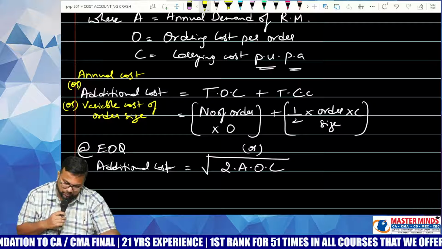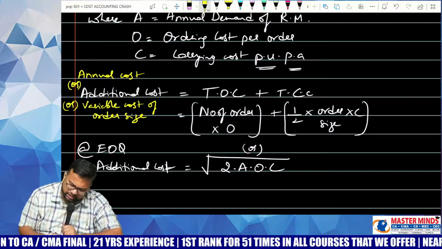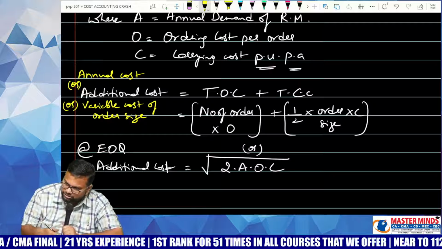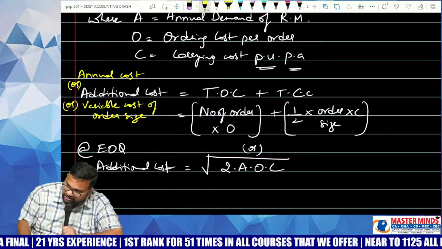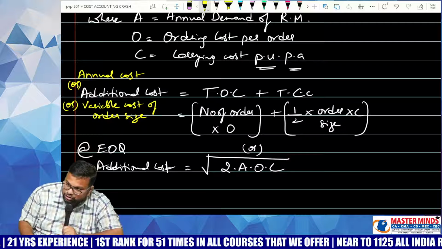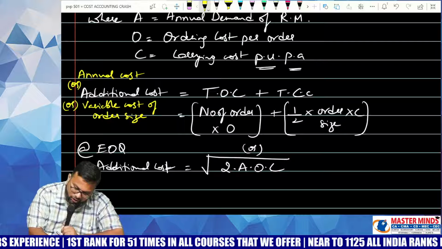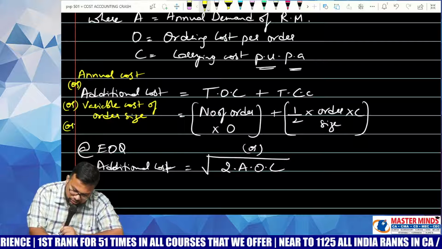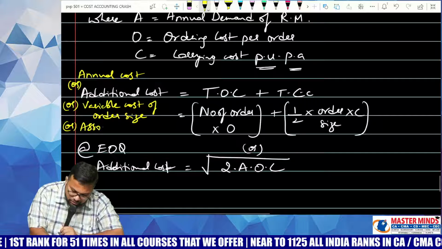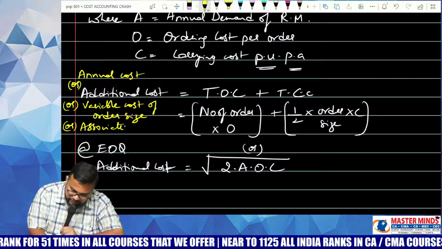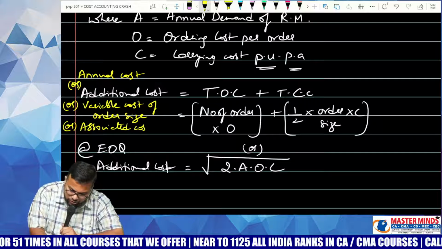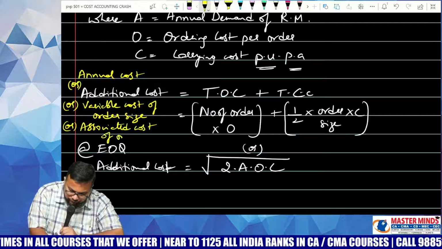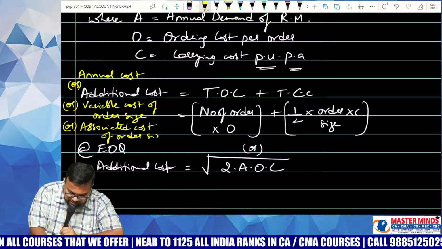Or it can also be called as associated cost of order size, because these costs change with order size, right? That's why they are called as variable cost of order size. Or you can also use the term associated cost of order size.